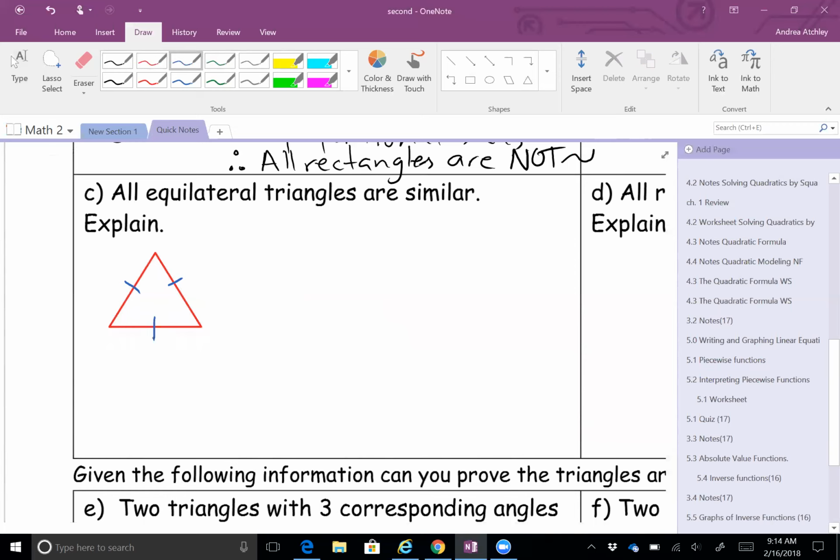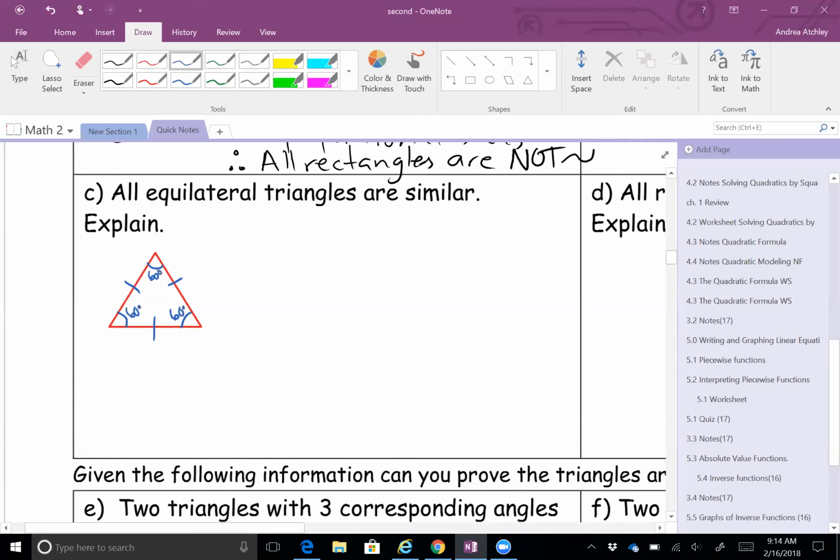That means all the angles are also congruent. So this is congruent to this, is congruent to this. And then what would be the measure of each of those angles? 60 degrees, very good. Since they're all congruent, how many degrees are in a triangle? 180, right? And since all the angles are the same measure, you have to divide 180 by 3, and that gives me my 60 degrees. So all equilateral triangles have angles that are 60 degrees. FYI, if you didn't remember that.